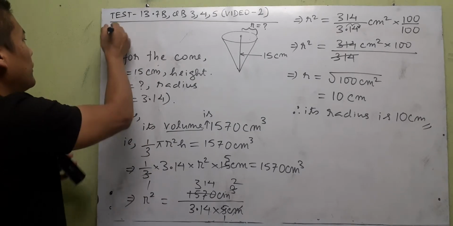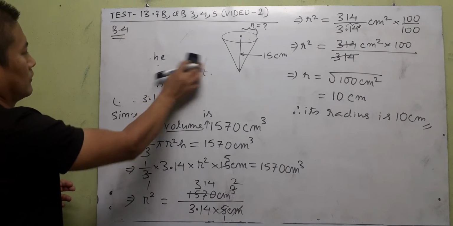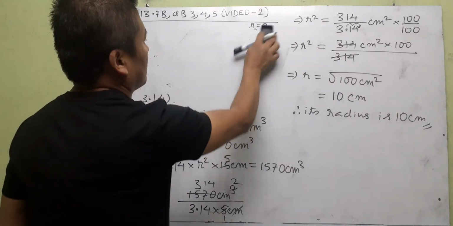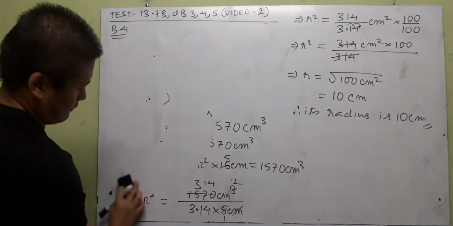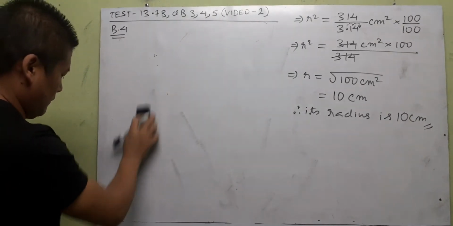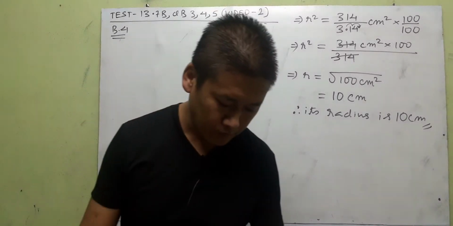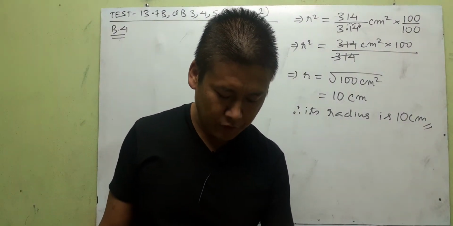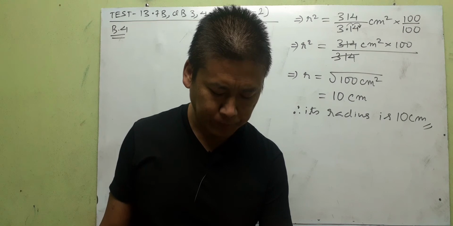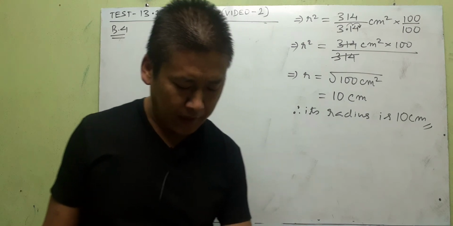I'll go to B4. Okay, B4. If the volume of a right circular cone of height 9 centimeter is 48 pi centimeter cube, find the diameter this time.